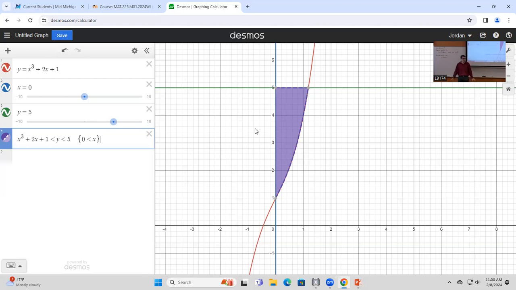So everybody see the region? Good. I didn't want to draw it on the board, so I figured might as well draw it in Desmos. Here's my region. If I'm revolving this around the y-axis, obviously, it's just going to be a solid volume. The outside edge of a rectangle is going to go from this curve down to the line we're rotating around. Inside edge is the line we're rotating around, so don't need it. It's just a solid disk method.